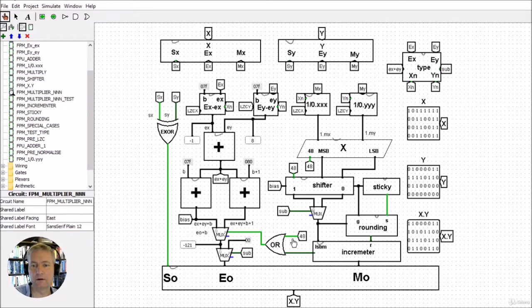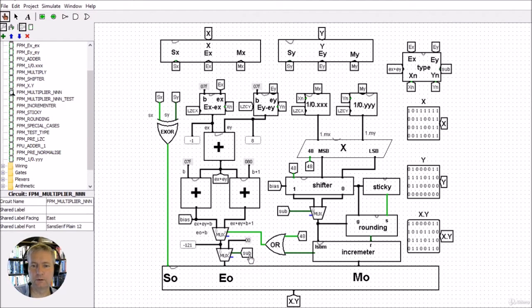You'll see it's a value of 1. So that's going to choose this path here. So it means that the sum's going to come down through here and down through this path here, and then it's going to choose this one here, and then when it gets down to this point here, we have to decide whether the output is going to be a normal or a subnormal.